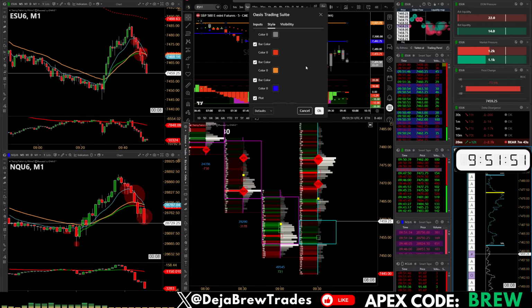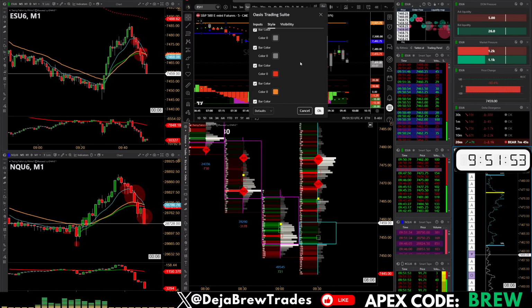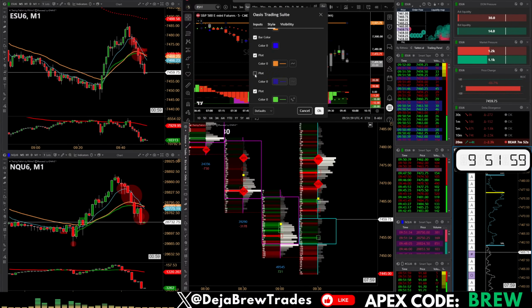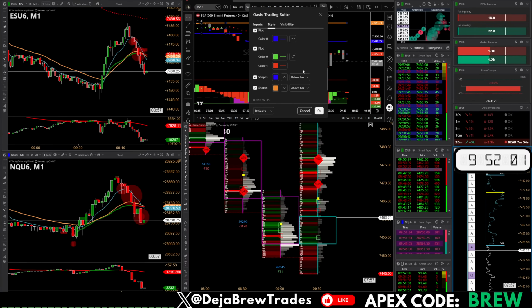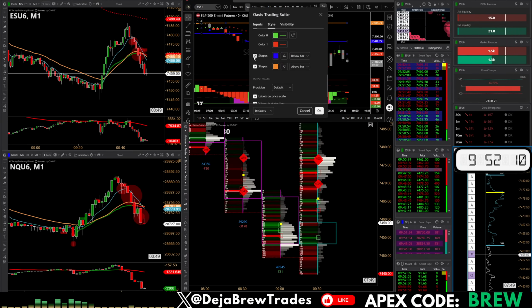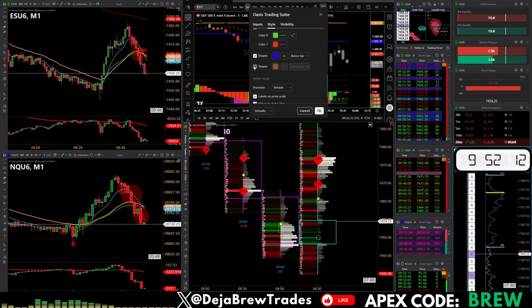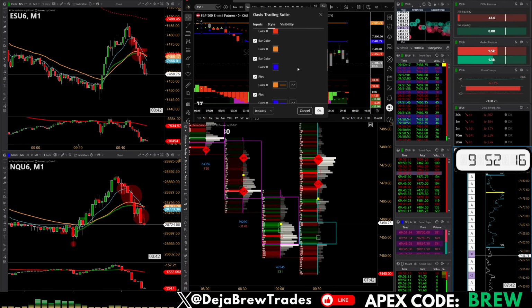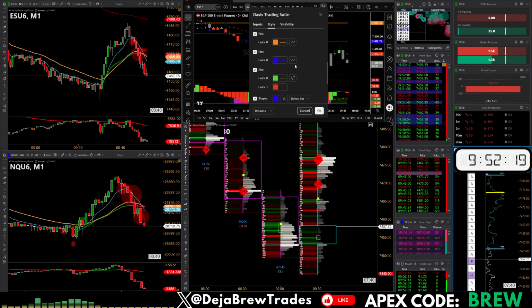But for the plots, the first one is the orange pivot. The second one is the blue pivot. The third one is the trail. And then the shapes are the blue triangle on the trail and the orange triangle on the trail. If you ever have that question, just go to the style and you can see which one they are.